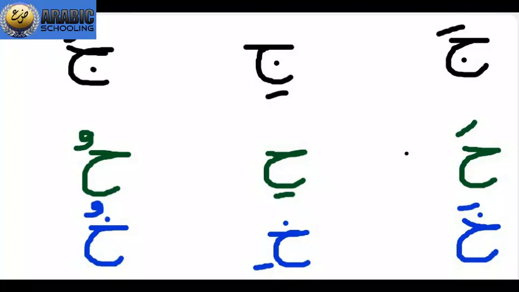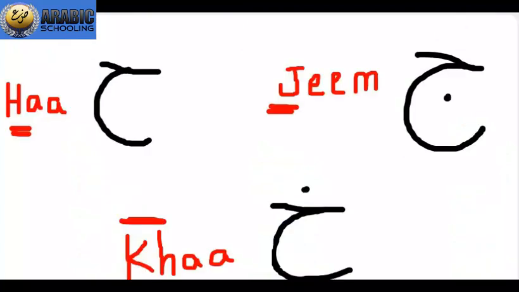You will not say the Jeem and put the short vowel, the Ha and put the short vowel, Kha and put the short vowel. You will just take the first part, the J letter, the Ha letter, and the Kha letter. So you take these sounds at the beginning and put them with the short vowels.